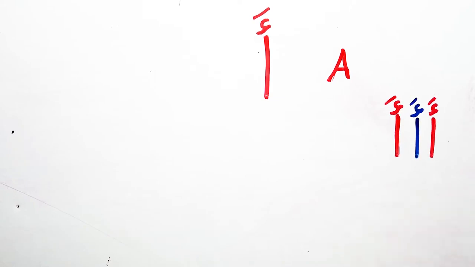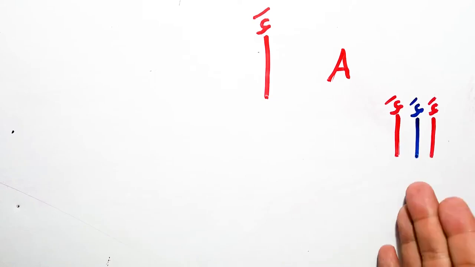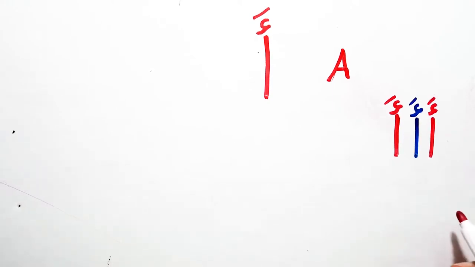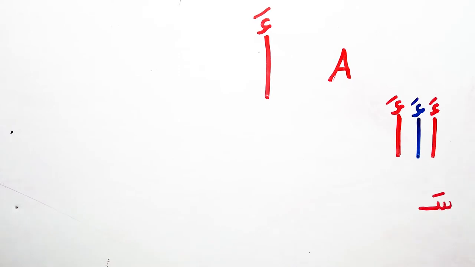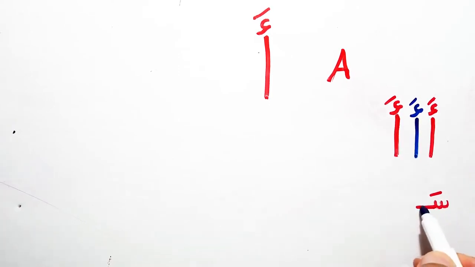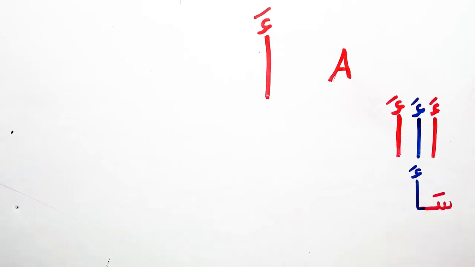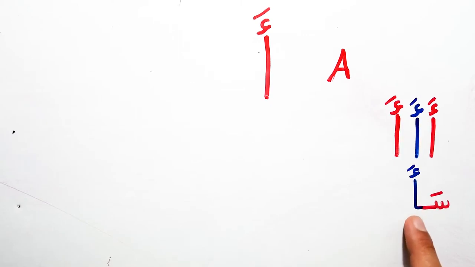This letter has a different shape when it is in the middle or in the end of the word. Let's write another word. I'm gonna write now se. Do you remember? We have studied this letter before. Se, the one that has the sound of letter S. Okay, now we have a in the middle of the word, but it has a different shape.